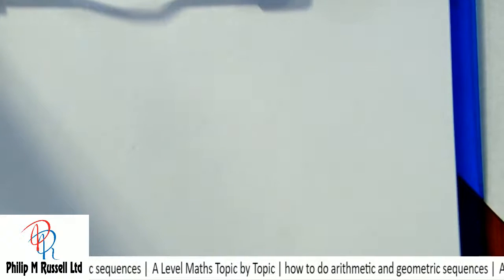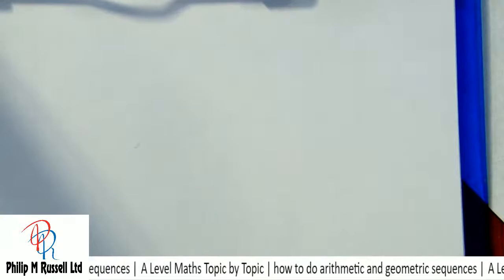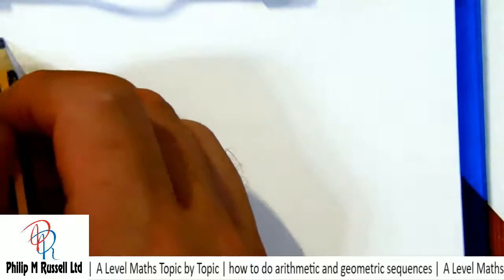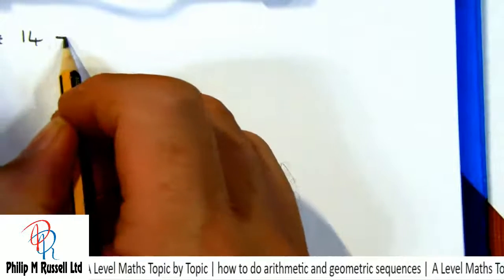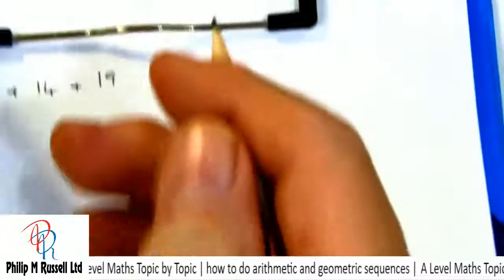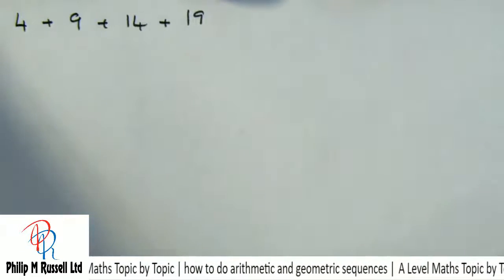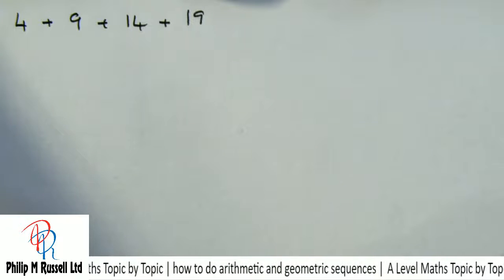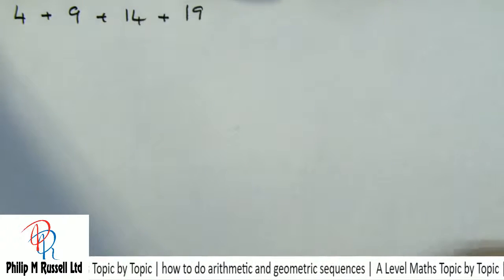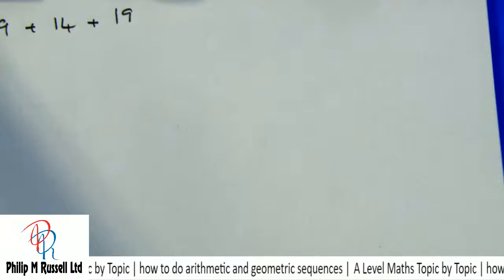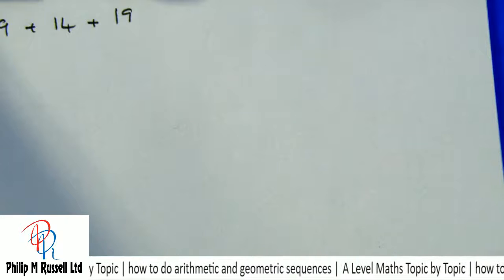Let's choose a sequence, and let's do something easy. Let's have 4 plus 9 plus 14 plus 19. So there is our sequence of numbers, and we might want to choose the first 50 terms.